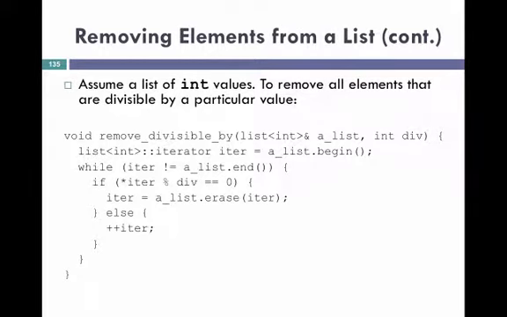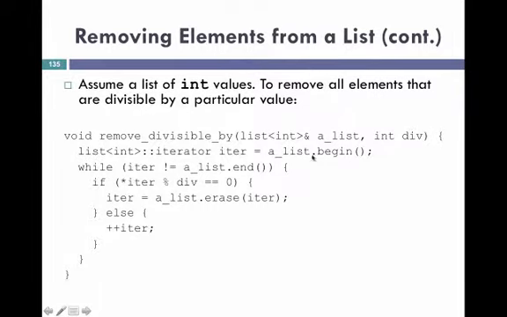So assume a list of integer values, and to remove all the elements that are divisible by a particular value, here's a function to do that. It takes in a reference to a list and some divisor.